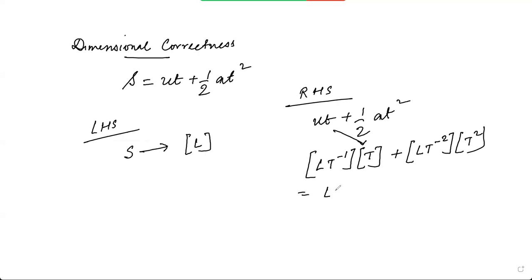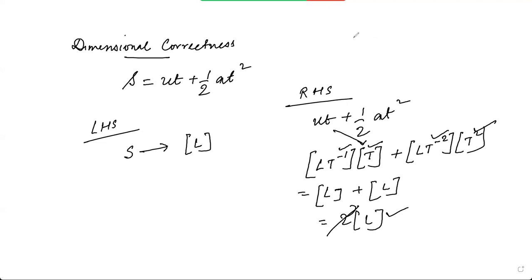So it will be L t to the power -1, t gets cancelled, plus this -2 plus 2 gets cancelled. So this will be L, and this 2 will be avoided because it is a constant. So in the RHS we also get L as the dimension. Both LHS and RHS are the same, so this equation is dimensionally correct.